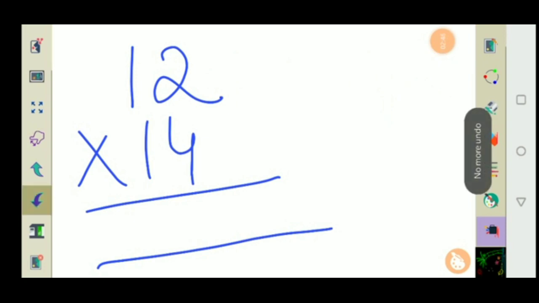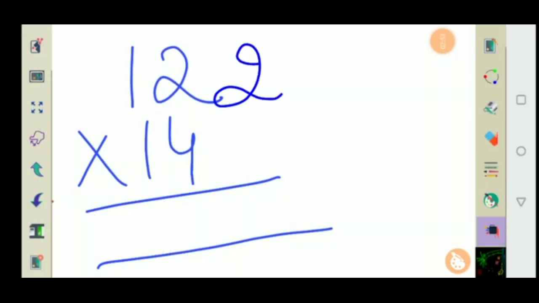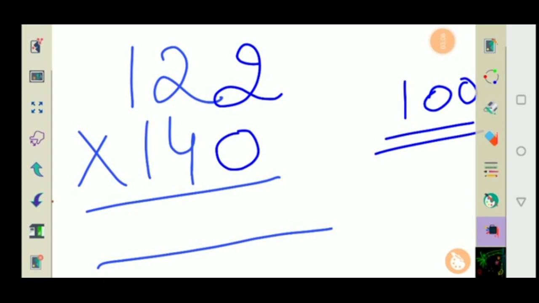Let's take another example. I make these numbers now, 122 and 140. Now here the base will be 100. Clear? For referring the base again you can refer to the previous videos.